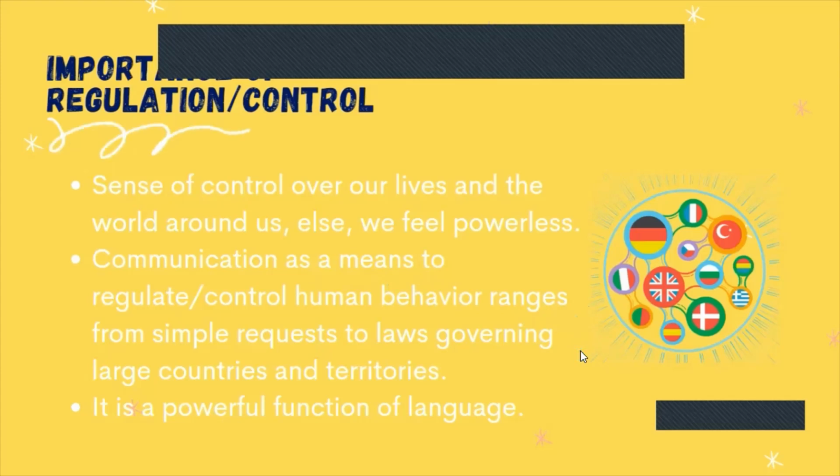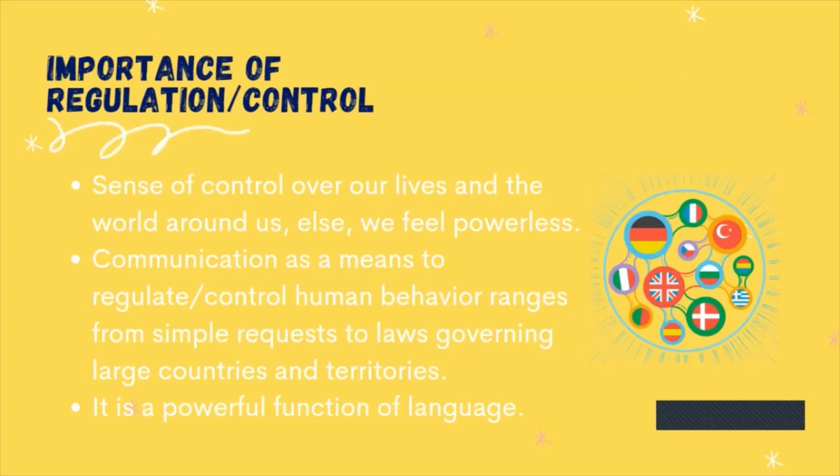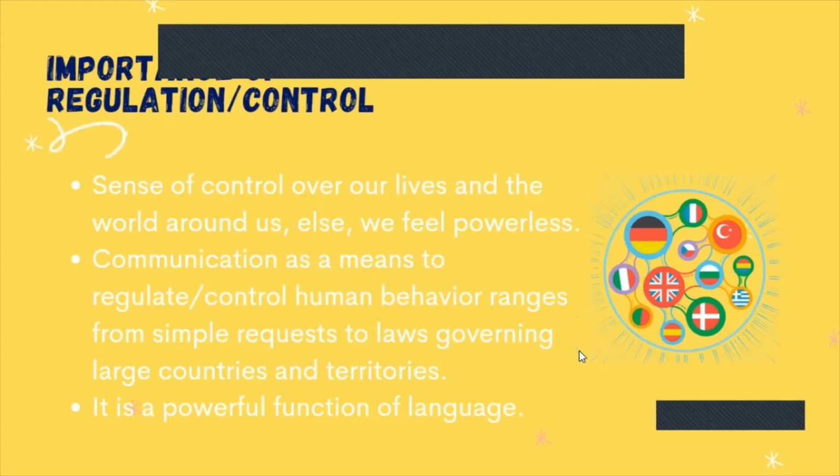Meaning to say, when you know how to control yourself or regulate others when you are still young, you will bring that value when you are older. And also, it is important for us to regulate other people so that we know how to get along with them.